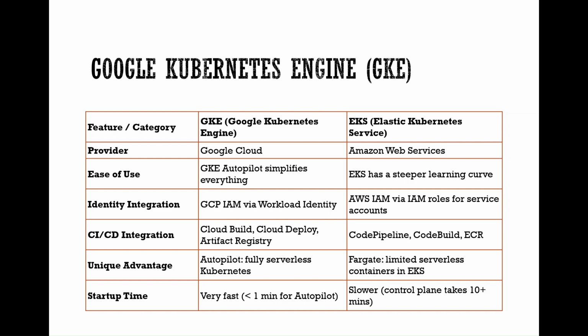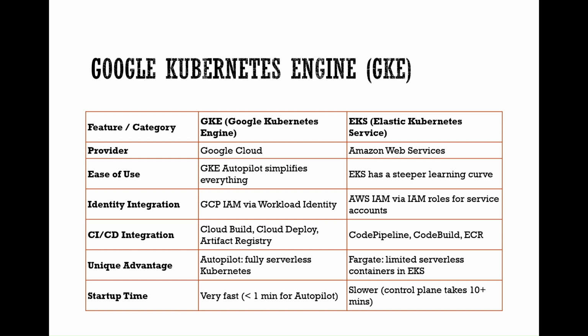When it comes to CI/CD integrations in GKE, there are services like Cloud Build, Cloud Deploy, and Artifact Registry that work together to complete a CI/CD integration. And for AWS, there is a different set of services like CodePipeline, CodeBuild, and ECR that work together to make your EKS deployment.